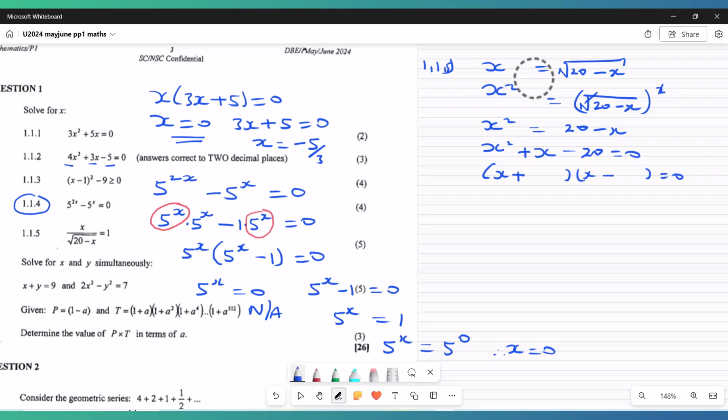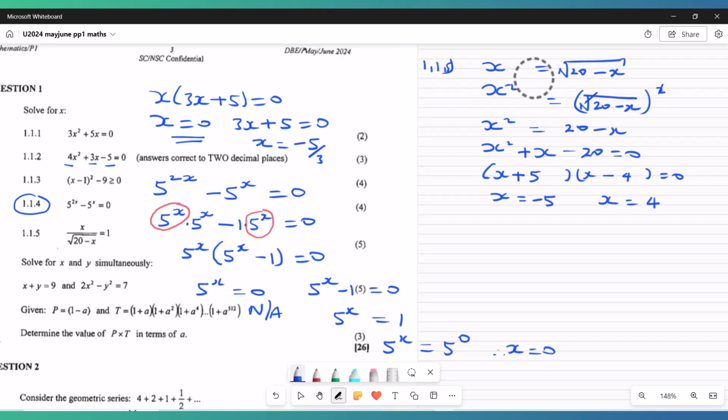Now, here we have 5 and 4. 5 times 4, we get 20. So the 5 and the 4, 5 is bigger than the 4. Because the middle term is positive, it must be a plus 5, and then minus 4. So we can say that either we have x equals negative 5 or x equals 4.